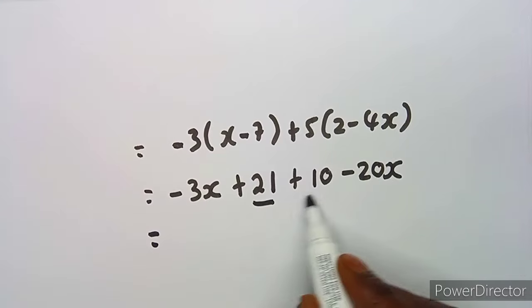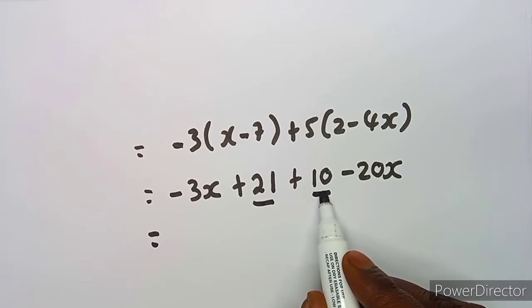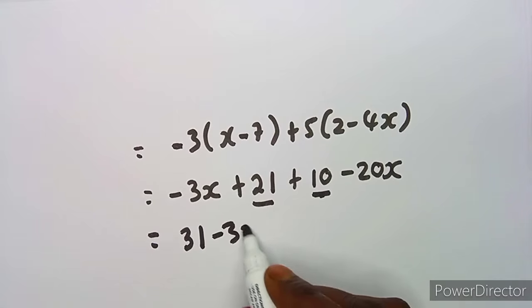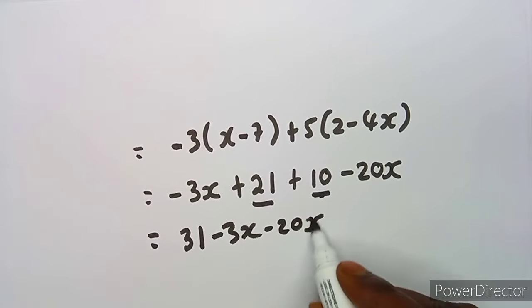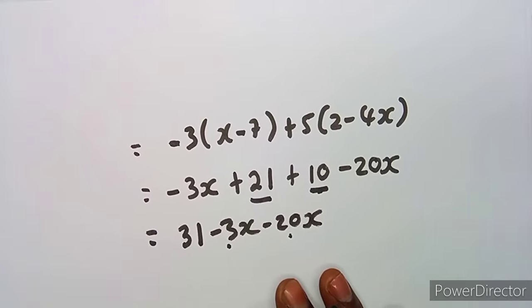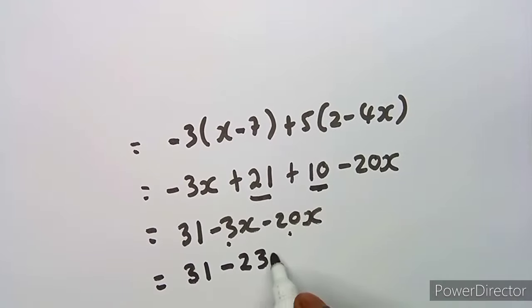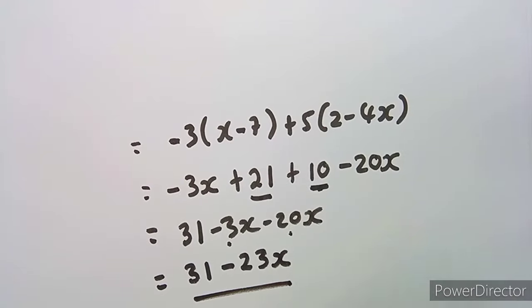You have 21 and 10, and if you add these, it's going to be 31. So you'll be left with 31 minus 3x minus 20x. Minus 3 minus 20 is the same as 3 plus 20, which is 23, but it carries a negative, which is minus 23x. That's what you just needed.